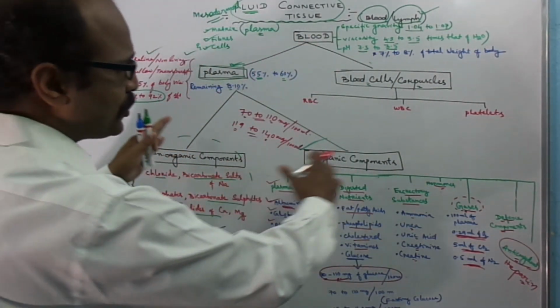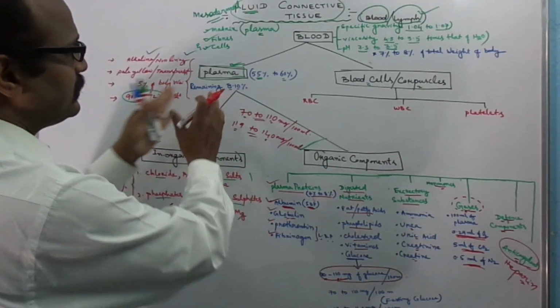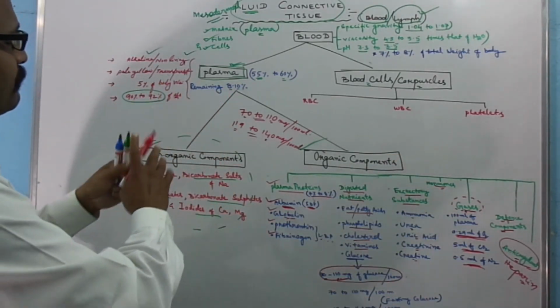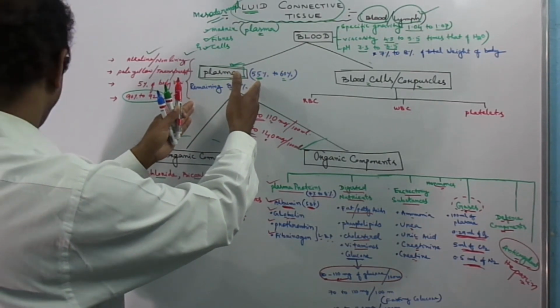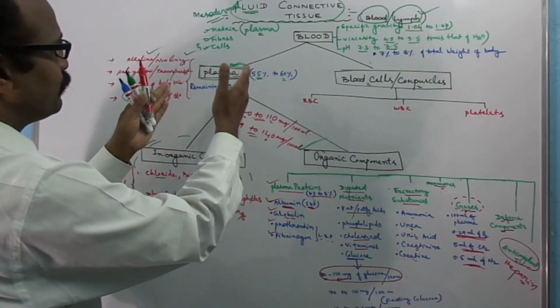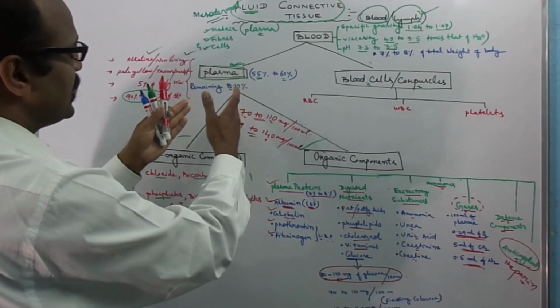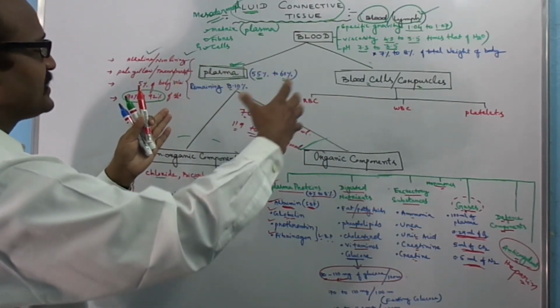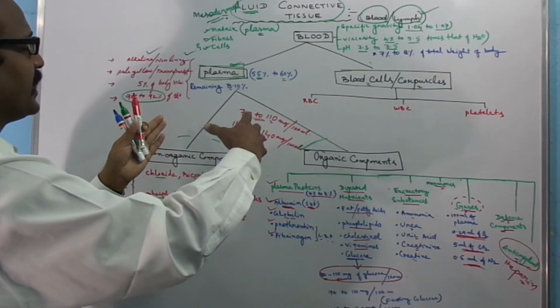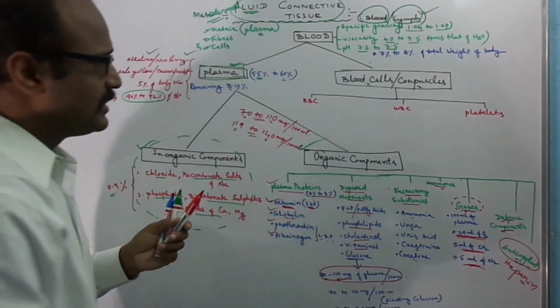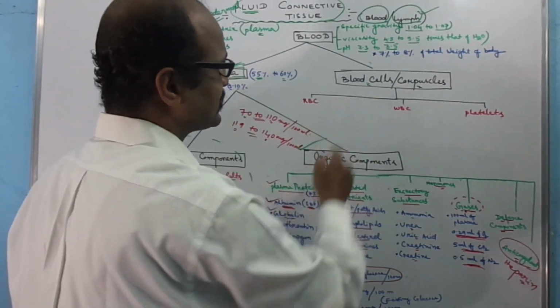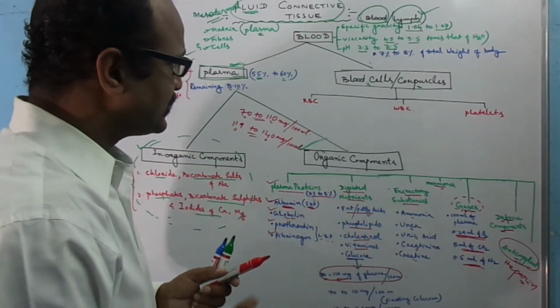So these are the important components of the plasma. Plasma is the matrix of blood and is fluid in nature. Such plasma is non-living, and different cells are embedded in the plasma. These cells are known as the blood cells or the corpuscles.